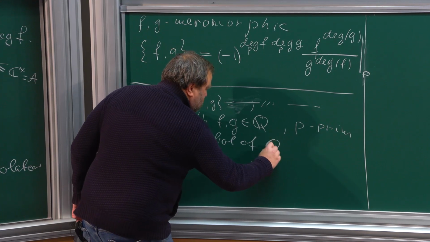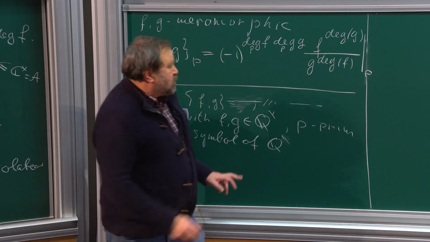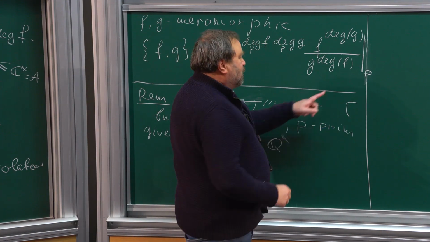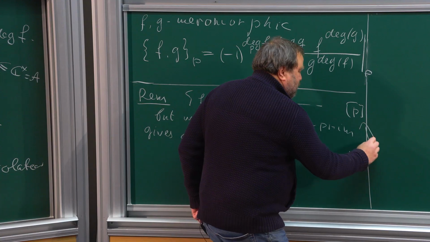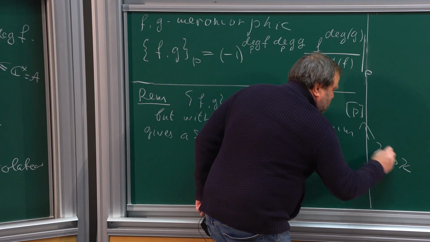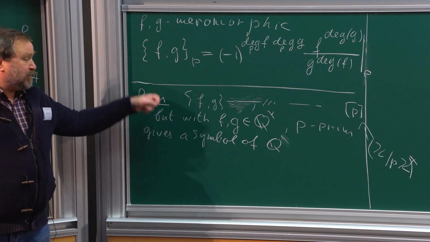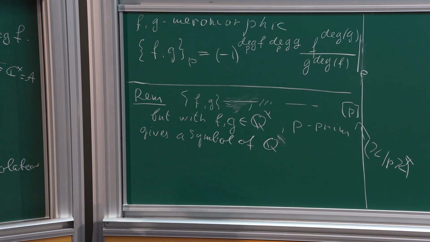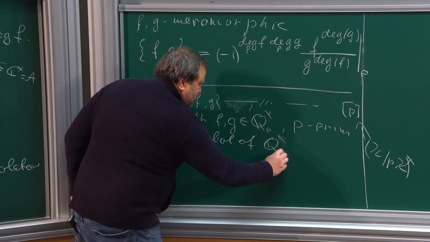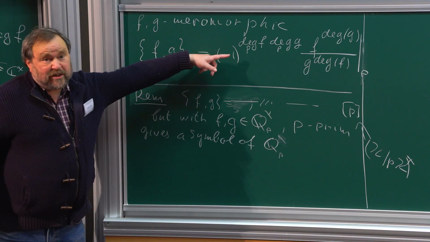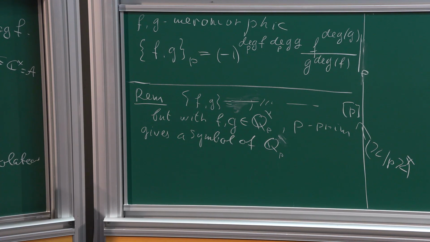The only difference is that now, instead of computing at the point P, you compute mod p. So this belongs to (Z/pZ)^*. It's an analog between meromorphic functions and rational numbers. And if you wish, you can extend this symbol to Q_p, because the degree is a continuous function, so you can extend it to Q_p. So this is the symbol.